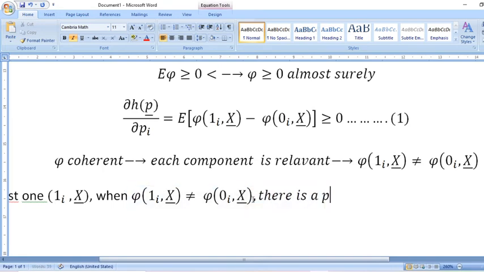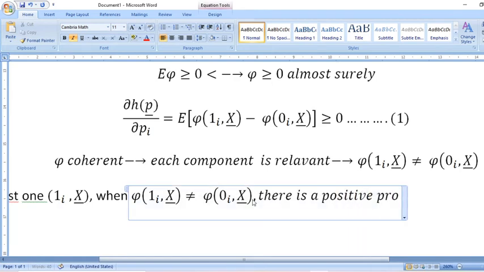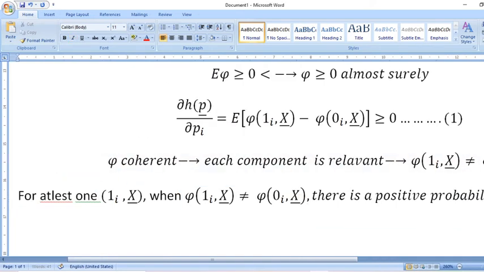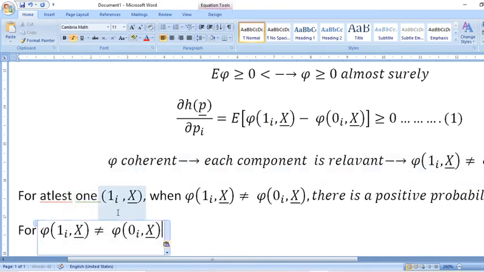There is a positive probability. There is a chance, that is phi of 1 I comma x equal to 1 and phi of 0 I comma x equal to 0.